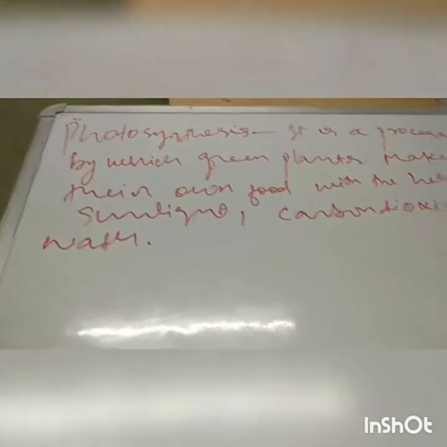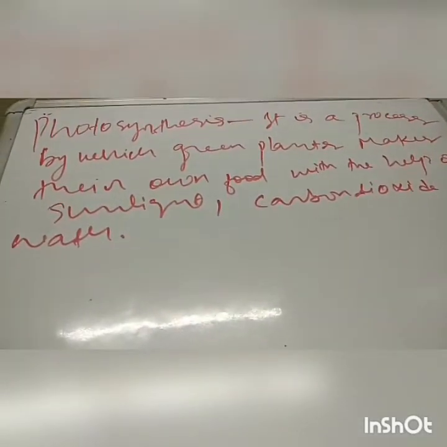Right. This is the standard definition of photosynthesis. It is a process by which green plants make their own food with the help of sunlight and carbon dioxide and water. So I will show you the chemical formula.